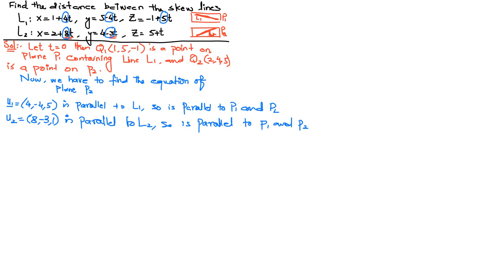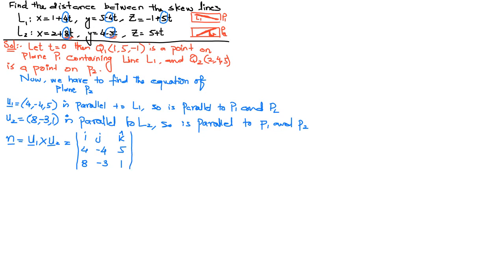So now, if you have two vectors, you can easily find a normal vector. How? You take the cross product between these vectors. The cross product is the determinant with i, j and k, then 4, minus 4 and 5, then 8, minus 3 and 1.